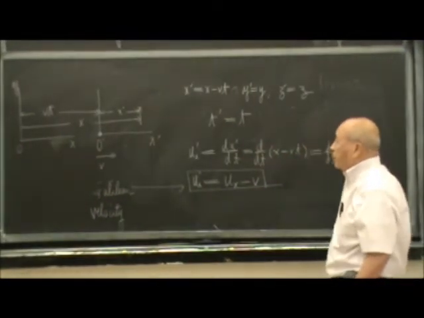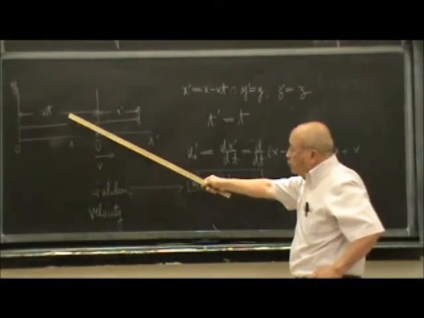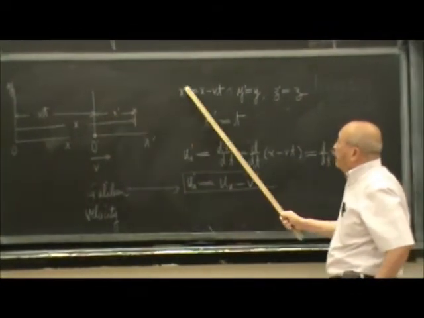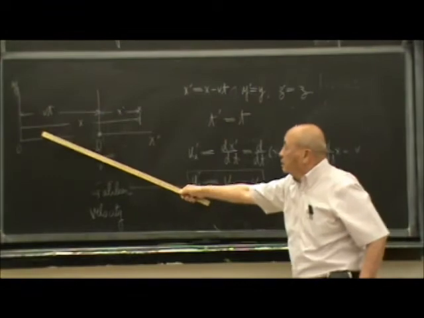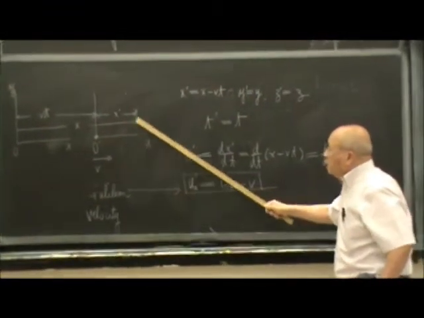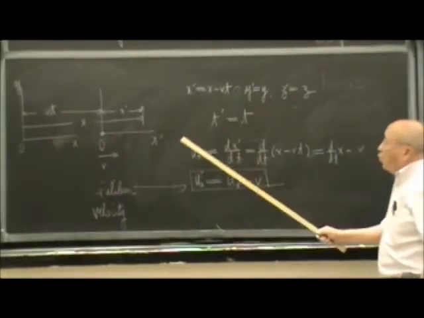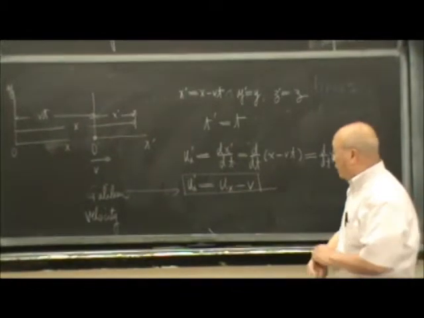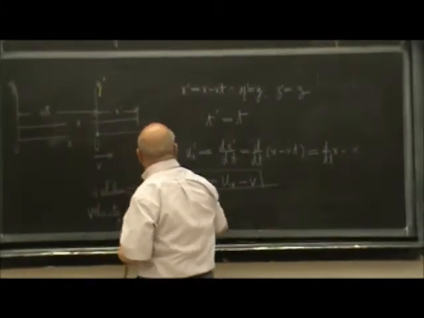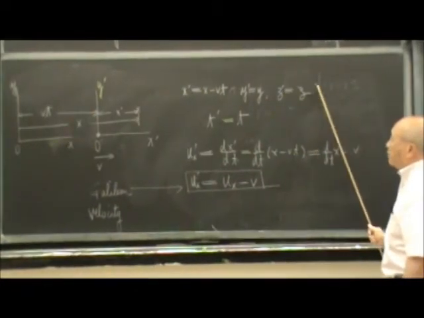The inertial frame is stationary. Using high school algebra, from the drawing, x prime is equal to x minus vt, because this system is moving with the velocity v. In the y direction, there is no motion, so y prime equals y, and z prime equals z.